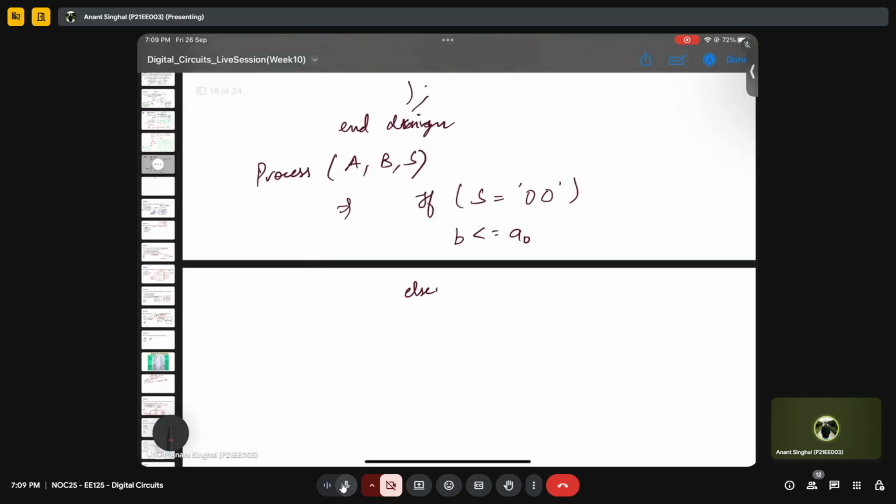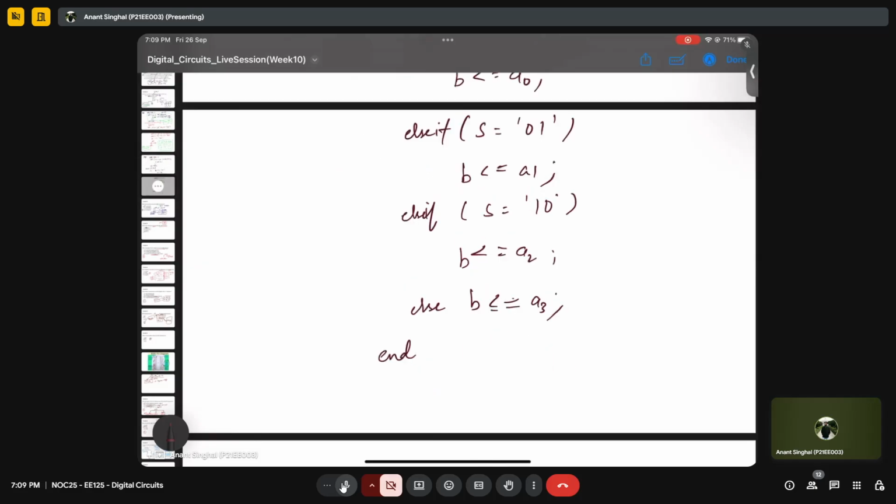Then I'm saying else if S is equals to 0, 1, B should be assigned to A1. Else if S is equals to 1, 0, B should be assigned to A2. Else B is always assigned to A3. And I'm doing the end process, and I'm doing the end begin.